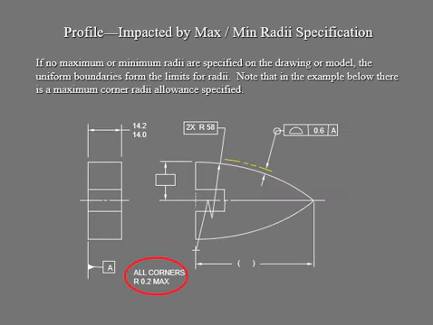Okay, so now let's go into maximum radii and how we deal with that. So in this example, we can see two views right here as always, and here we have a section, section unilateral surface, which is your profile, of course, right here, and it is controlled by this 0.6 tolerance with reference to the datum plane A right there.